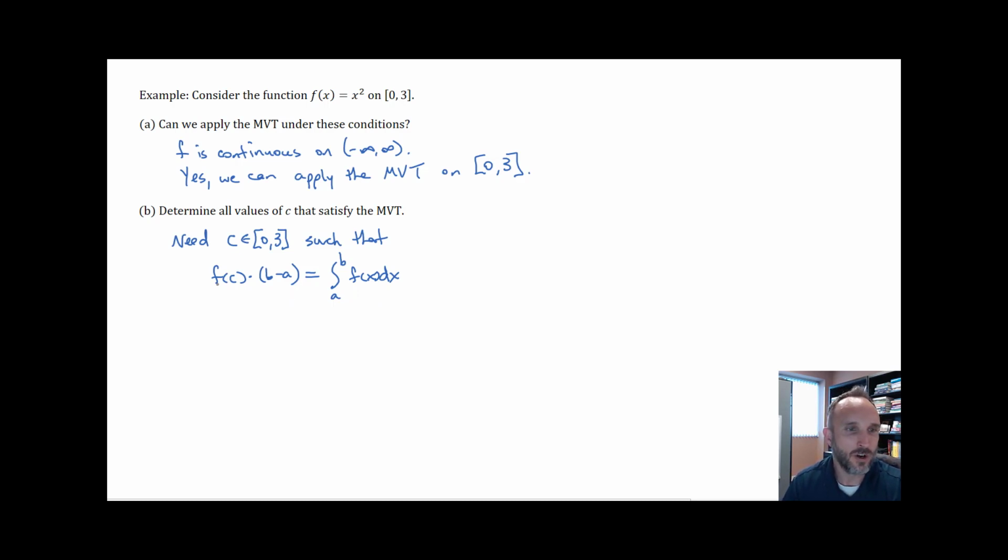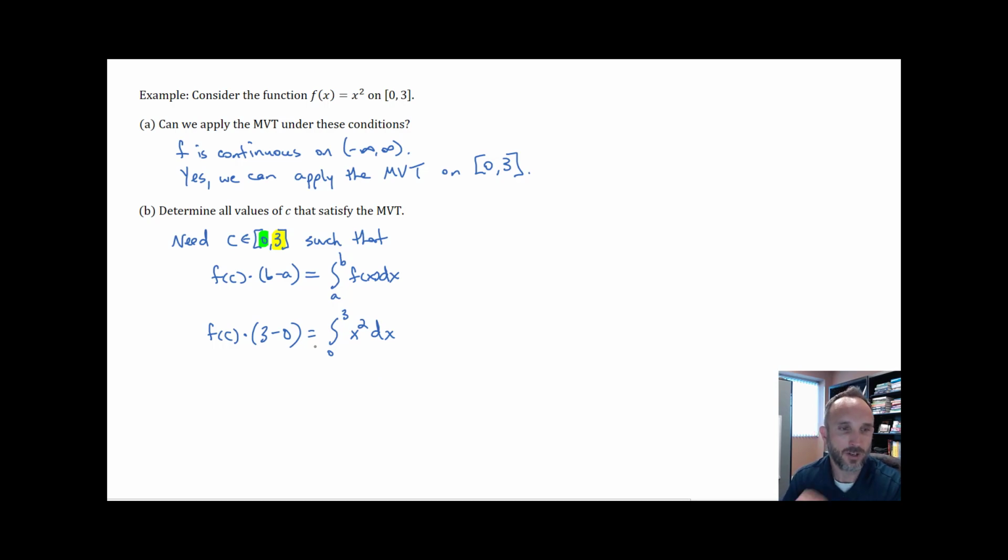Now we don't know C, right? So we're just going to call this f of C. But we do know b. B is 3, right? B is the right endpoint of your interval. So we've got 3 minus A. A is the left endpoint of your interval. So A is 0. We need that to equal the integral from 0 to 3 of f of x, which is x squared dx, okay?